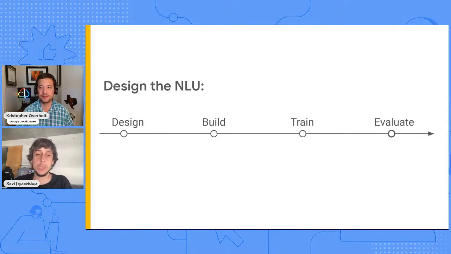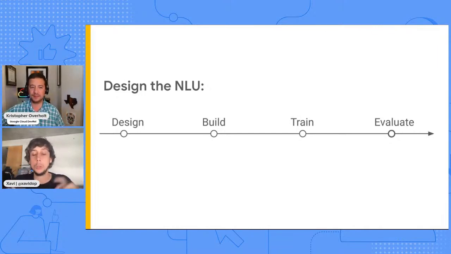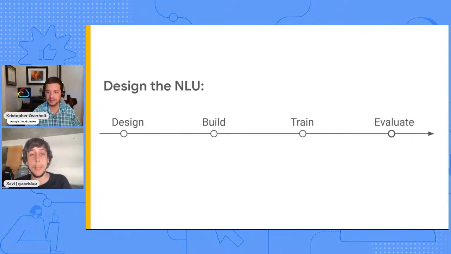You can use VoiceFlow, for instance, to design your conversations and to test that the conversation is valid with your end users. Then once the design is done and approved, my suggestion is to build an NLU. Put all the utterances, all the entities, and everything together and train. That is when you click train.